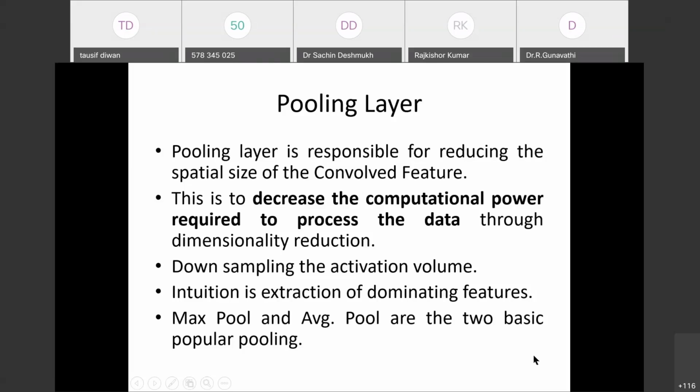One question: which layer will extract which features? It depends on the weight initialization. Generally, weights are initialized by different techniques. We start from a particular point and the weights converge in a direction that reduces the loss function. Suppose you are applying 6 filters: one filter may do one task, another filter a different task, and a third another task.